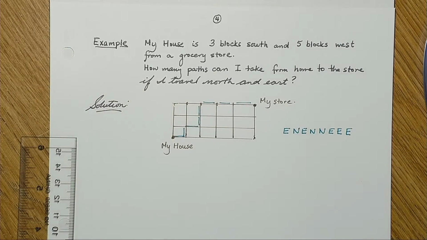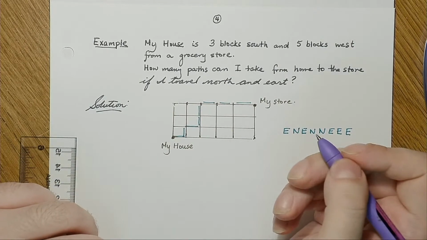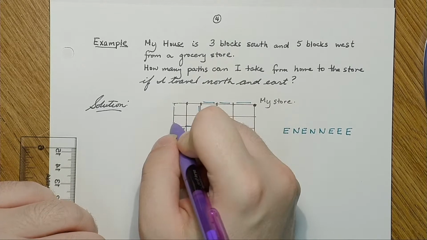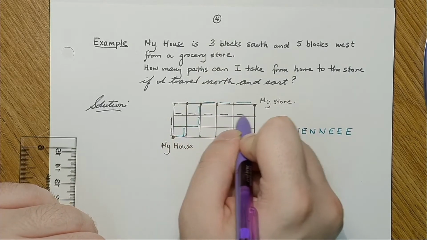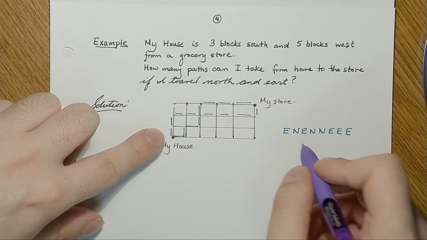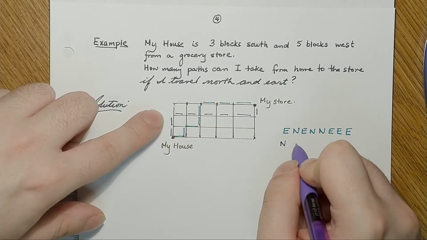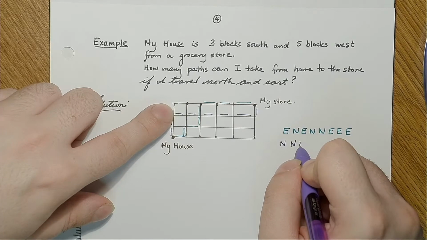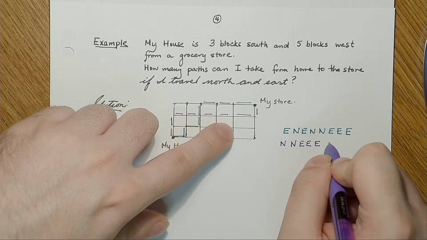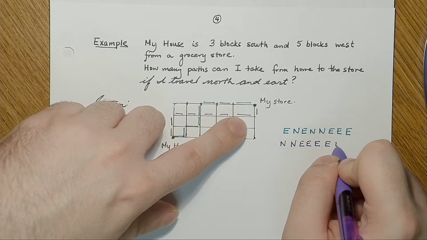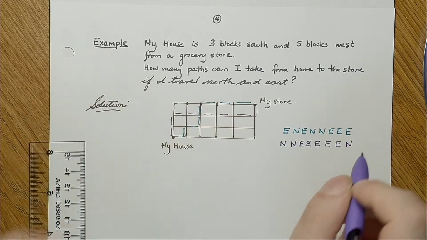Okay? Or I could go this one, north. That's one way. So I could go north, north, then east, east, east, east, east, and then north.